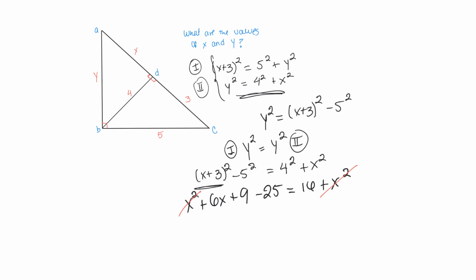And we can see that 6x is equal to, we send all the constants to the other side of the equality, and we have 16 plus 25 minus 9. And this is equal to, 25 minus 9 is 16, and 16 plus 16 is 32.